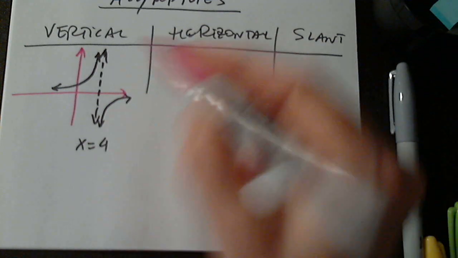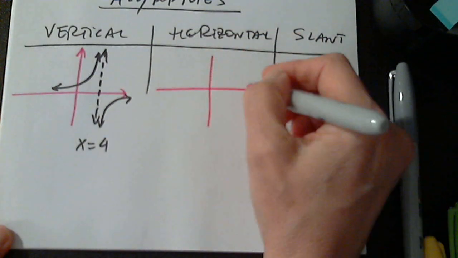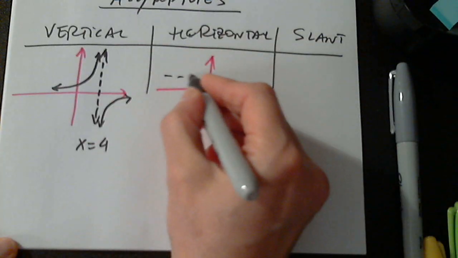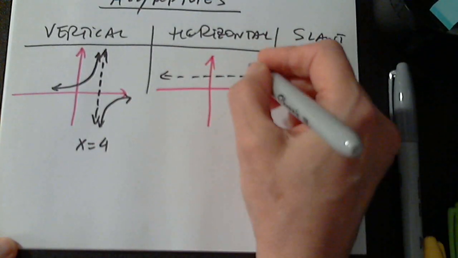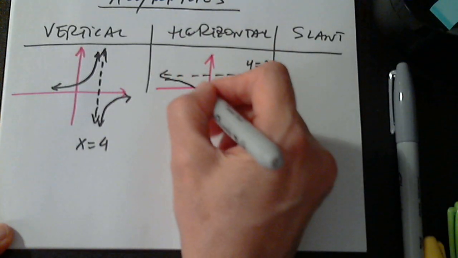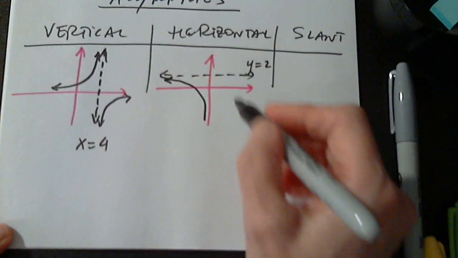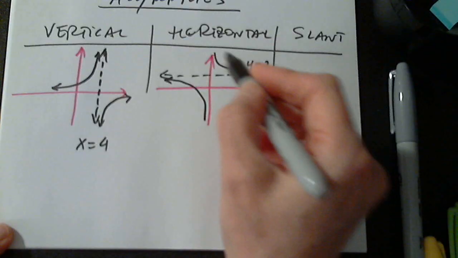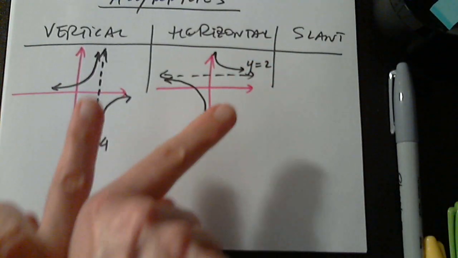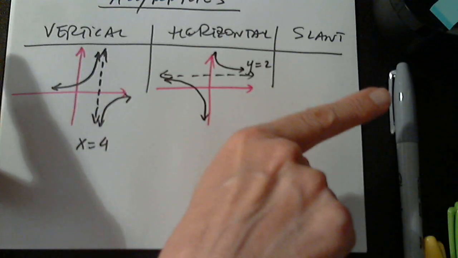What is a horizontal asymptote? Here's a horizontal asymptote. I'm going to say y equals 2, where the function does this, for example. It's a horizontal asymptote, and we are talking about end behavior.